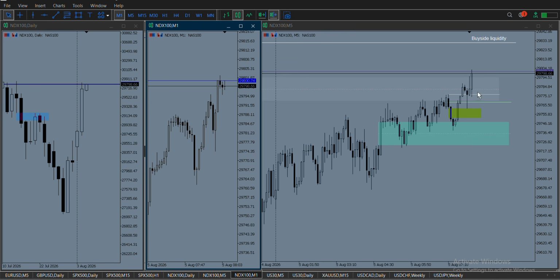This is the one that I was talking about right there at 780, and then we run higher. So let's see whether they take it from 29,800 and run into that 810 and 820s.